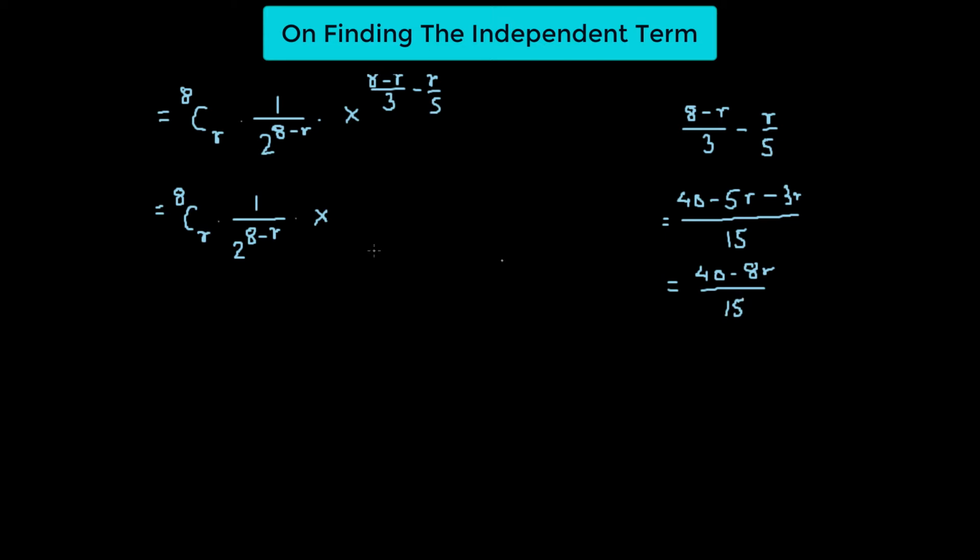So this is the exponent of x. So we have (40 minus 8r)/15. So this is our r plus 1th term.